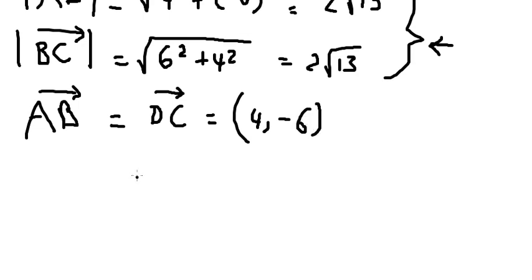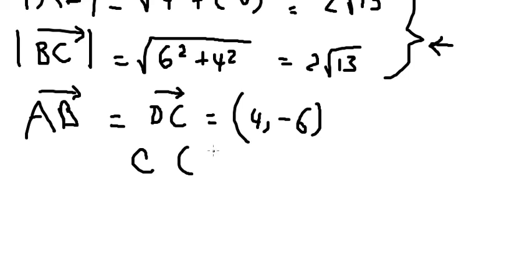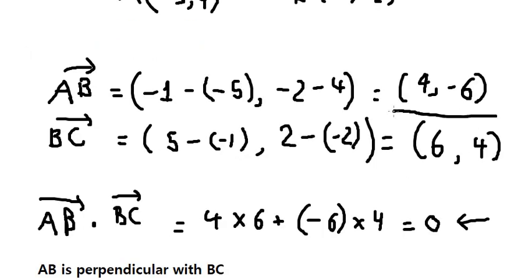And they will go to the point C, that is 5, 2. So we can find the normal vector of DC. That should be 6 and 4.